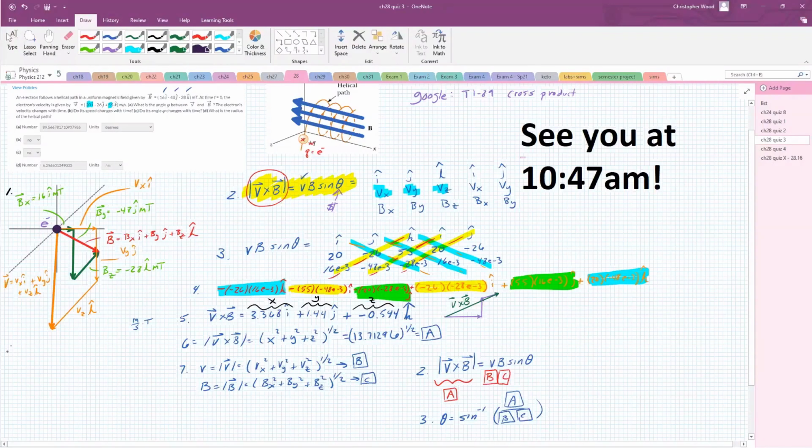Here's part B. Does the electron's speed change? The answer is no. Isn't that impressive how I got that so quickly? But the question is why?